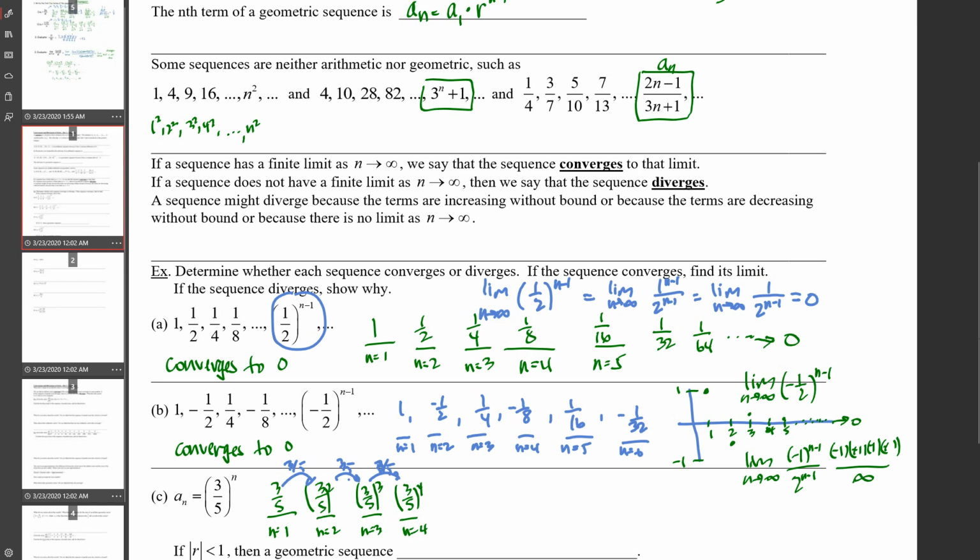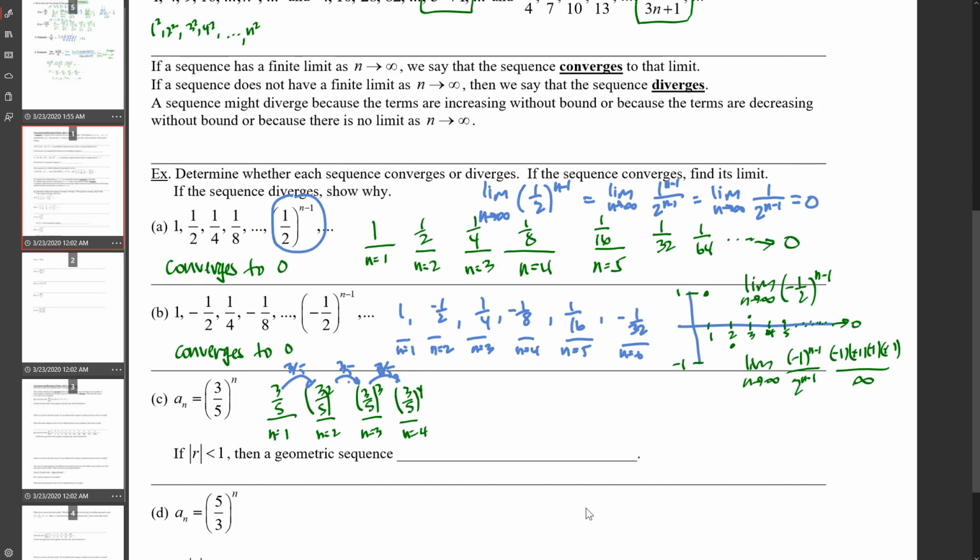Well, this is a geometric sequence. I can see that. It's a geometric sequence. And so actually what's going to happen is the number is going to get smaller and smaller and smaller, right? Because I'm going to take 3/5 of the number before, and I'll take 3/5 of that, and I'll take 3/5 of that. So this number gets smaller and smaller and smaller, and it will approach 0.